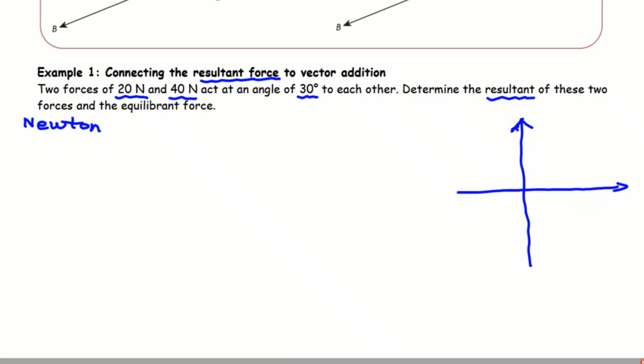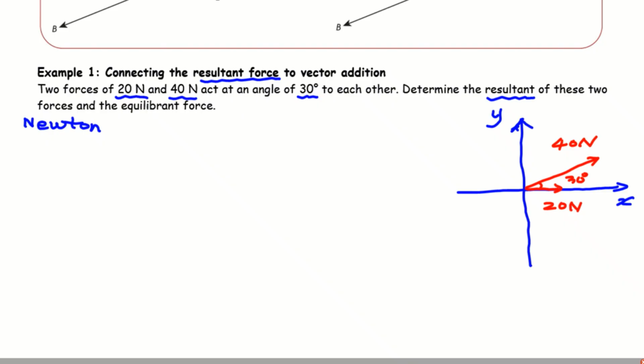So we set up the x and y direction. This is x, this is y, and for simplification we want to put one force on the x direction. So we put 20 Newton here, then the 40 Newton is at 30 degrees, and this is 40 Newton here.